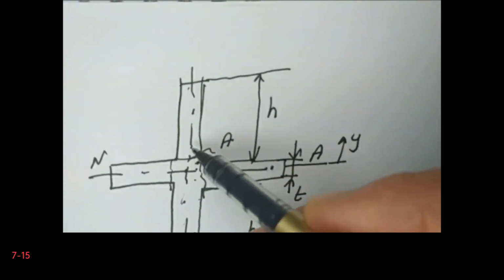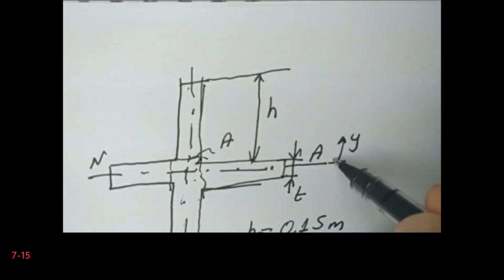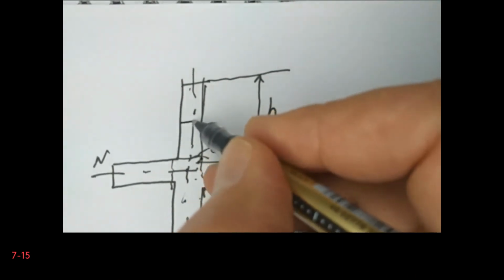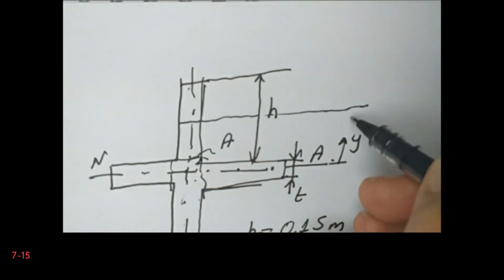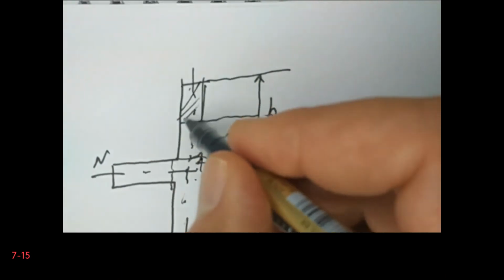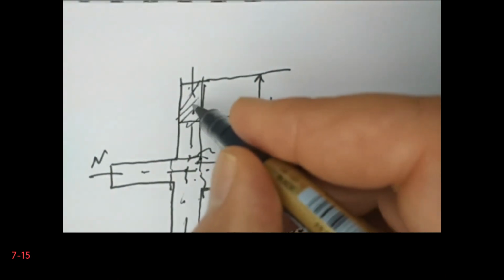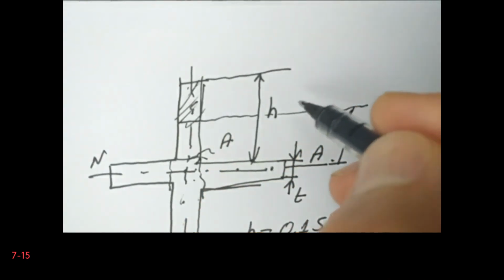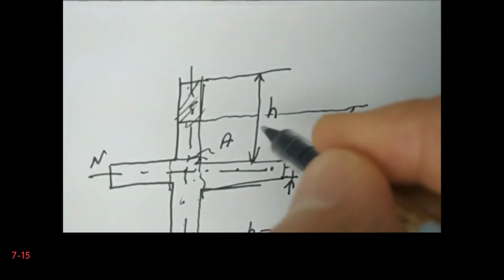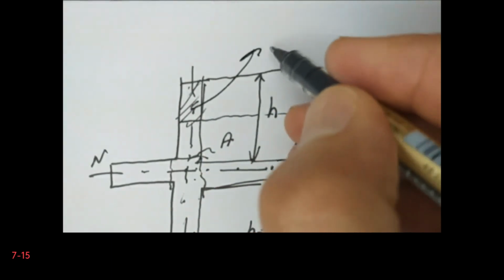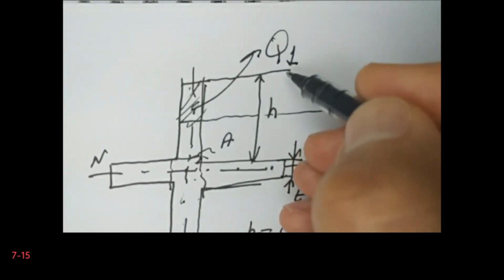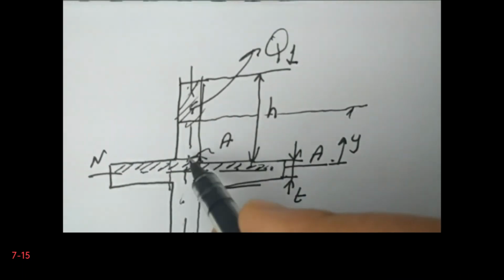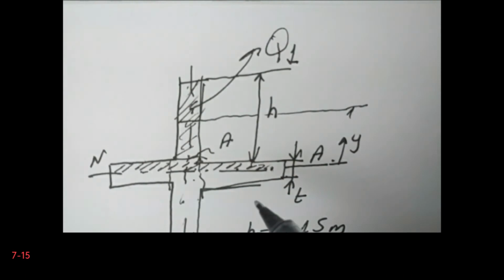So first I will take an arbitrary location here, and I will calculate the moment of this arbitrarily located area, and I will say that it is Q1, and then I will calculate the moment of area above the neutral axis, which is Q2.